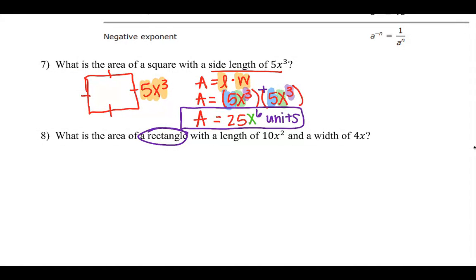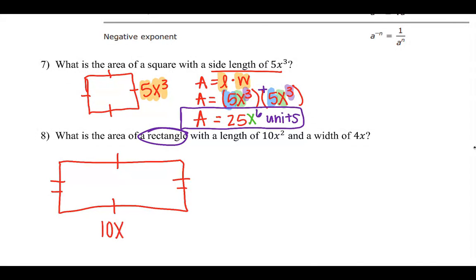Okay, hopefully you've had a chance to solve the problem. If not, go ahead and pause the video, like I said. What is the area of a rectangle with a length of 10x squared and a width of 4x? So this time I've got a rectangle. That means I have two sets of parallel sides. I know that these two sides are the same, and I know that these two sides are the same, right? So I've got 10x squared, I'm going to assume that's the longer side, and 4x, and we'll make that the width. And again, I want to find area.